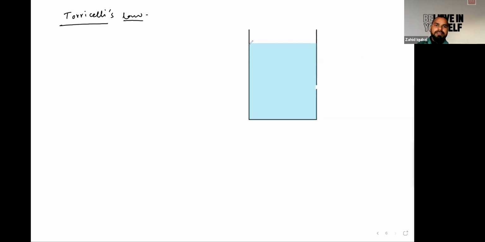So let's say this is one of the cross-section area. And this is other cross-section area. Like this.